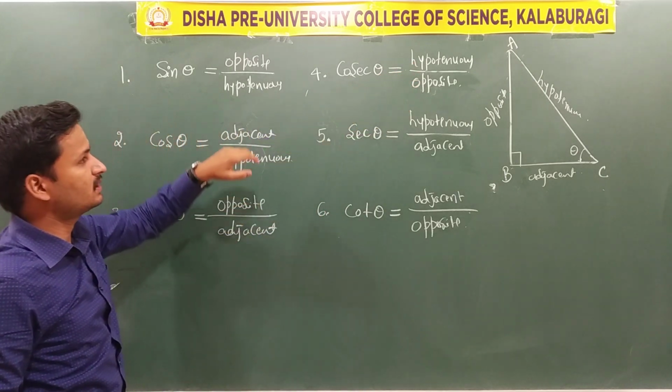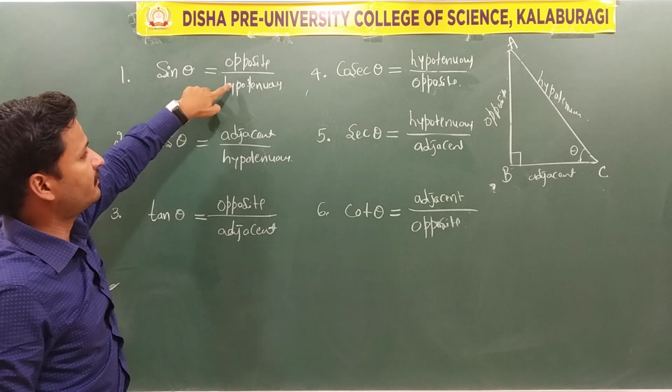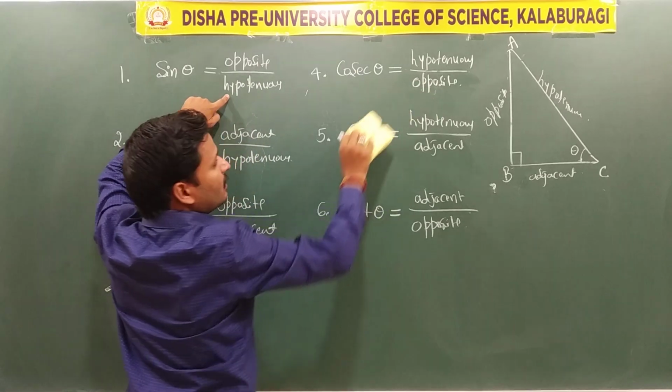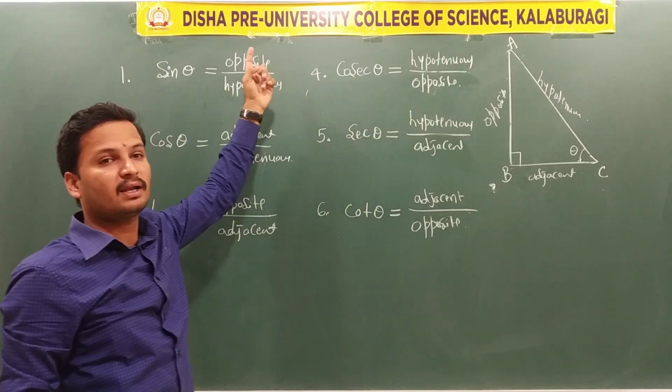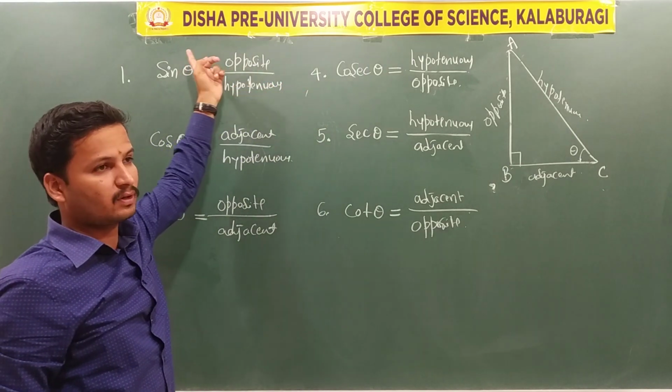That means sine theta is opposite divided by hypotenuse, cosecant theta is hypotenuse divided by opposite. That means cosecant theta is the reciprocal of sine theta.